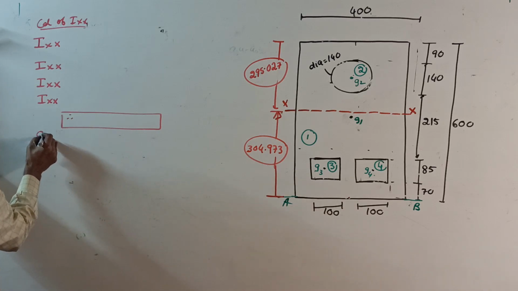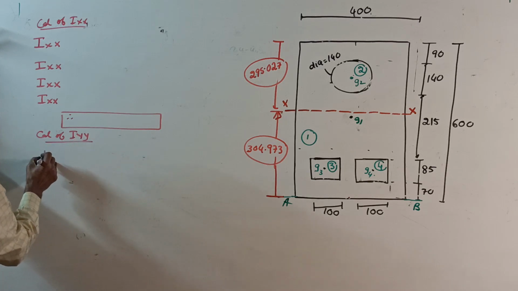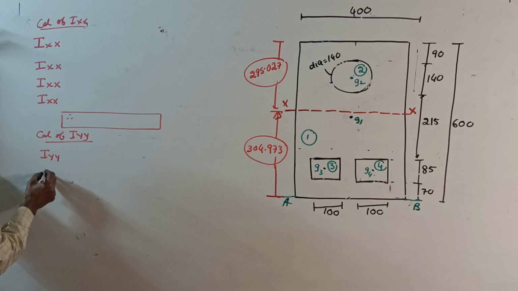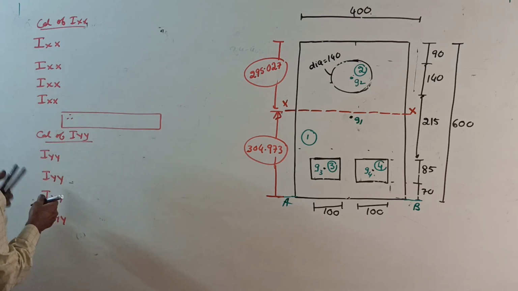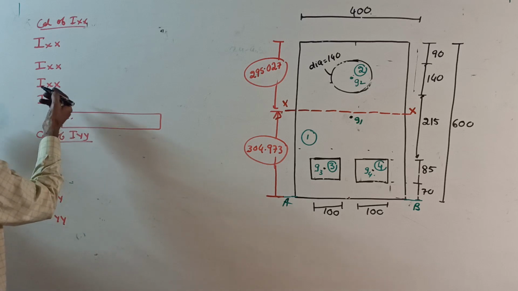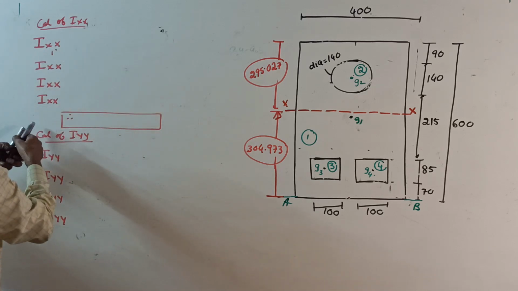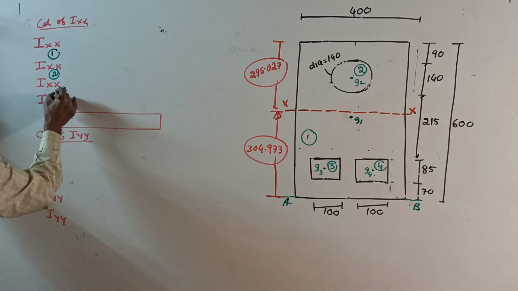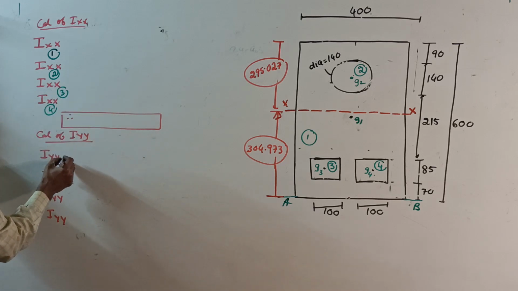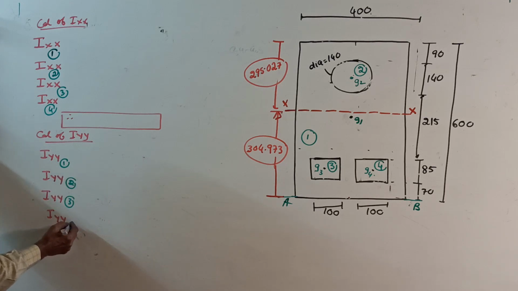Then calculation of IYY: IYY for 1, IYY for 2, IYY for 3, IYY for 4.